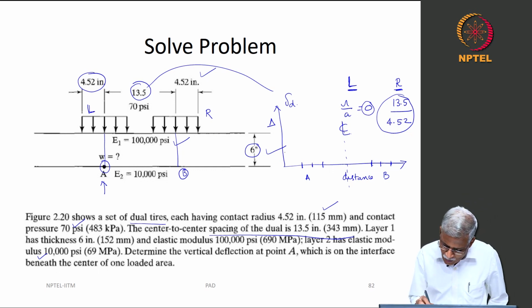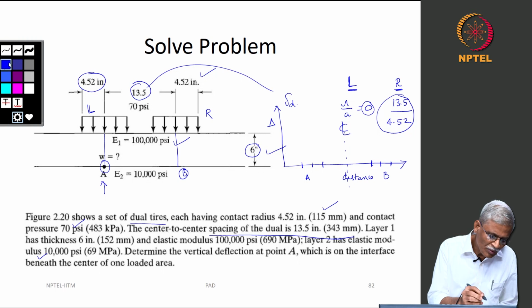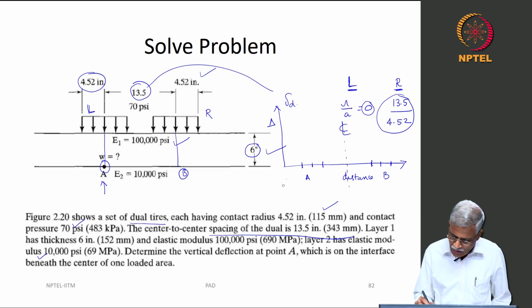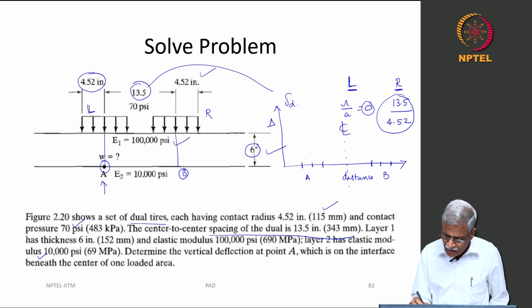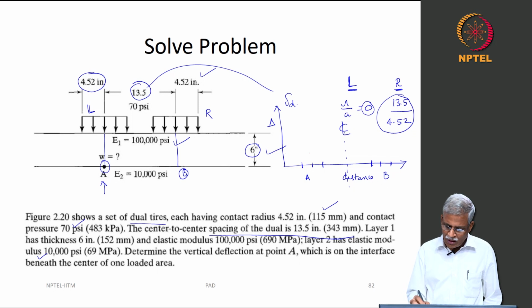Let me use some other color. If you try to find out the deflection here, right now you have found the deflection at this point, and it will be the same as this particular point.